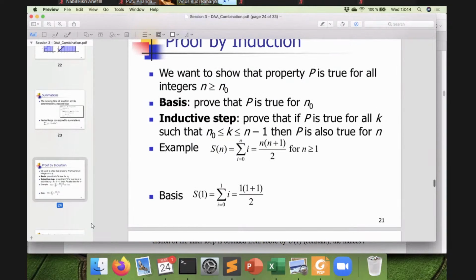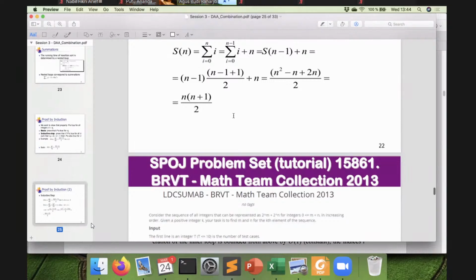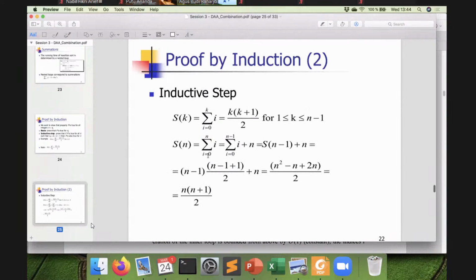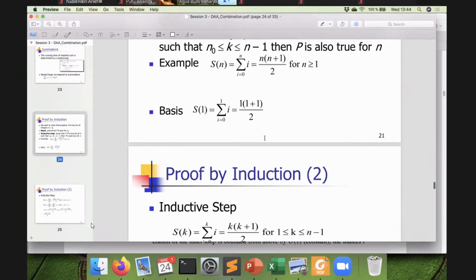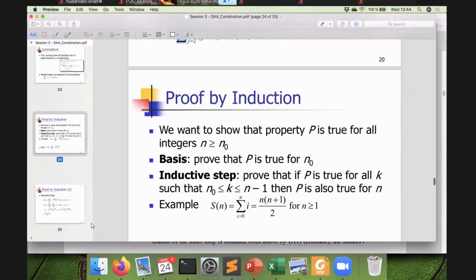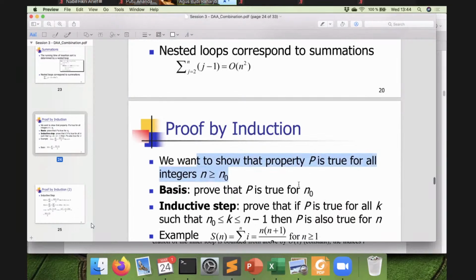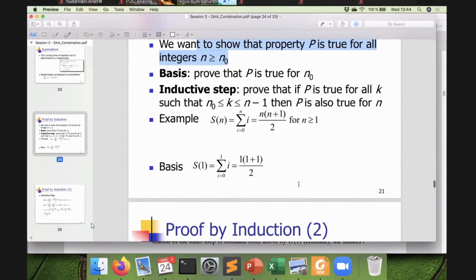We have to define the basis, the inductive steps, and then you will have to prove the property, or the rule, etc. So you can prove by induction.